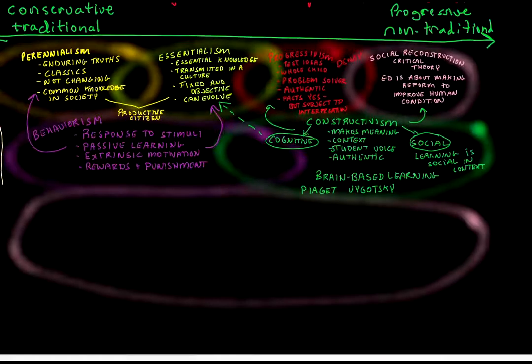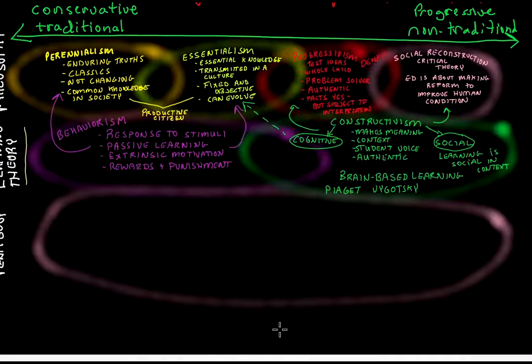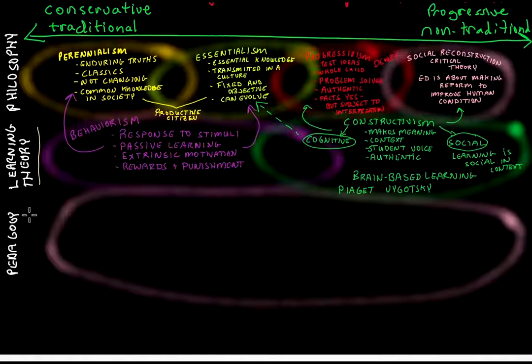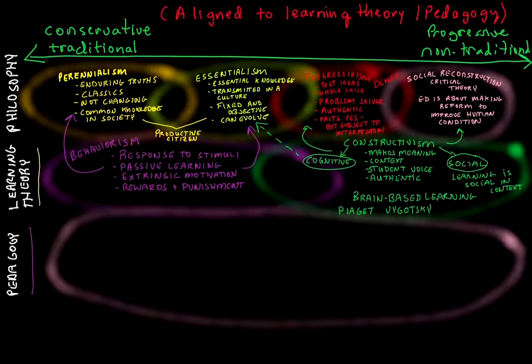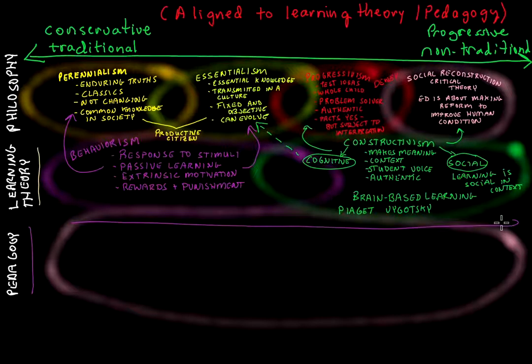So that brings us to pedagogy. As we move across the spectrum, you can see, and I put these all together in one box because they're moving back and forth, and you can see the focus shifts from the teacher to the student, from left to right, and it's a shift from the teacher to the student doing the doing.